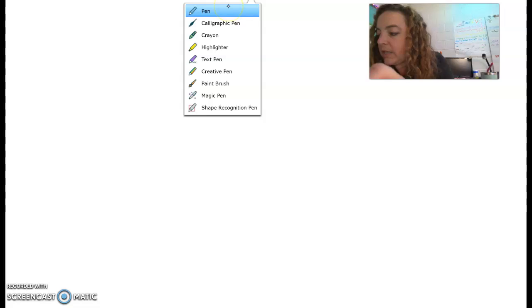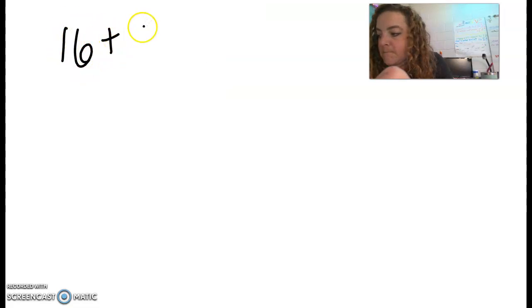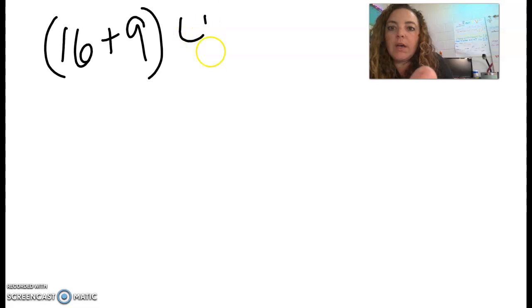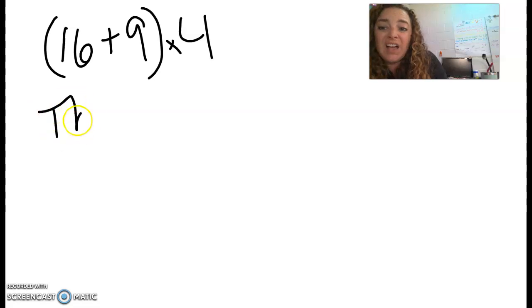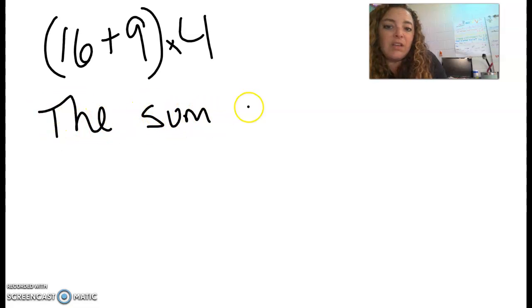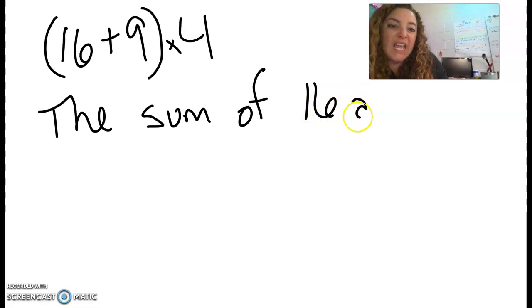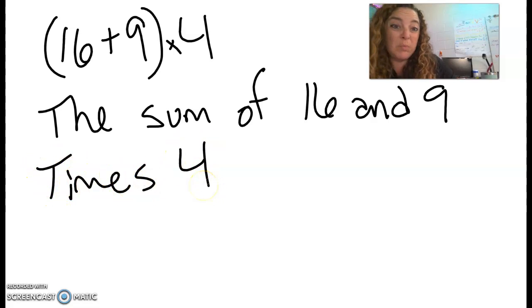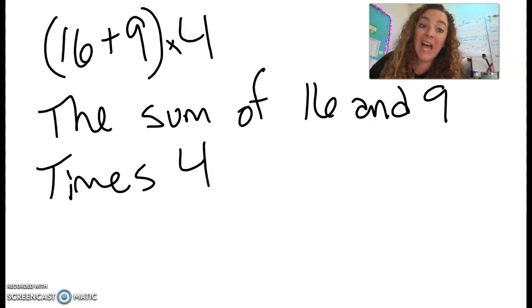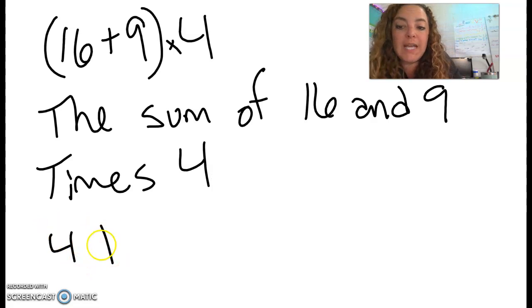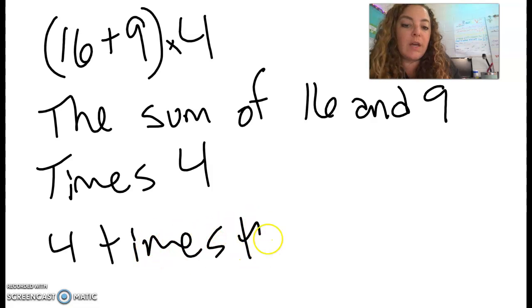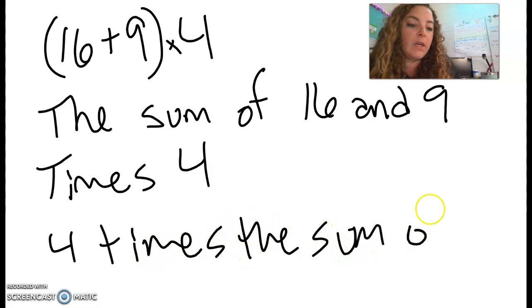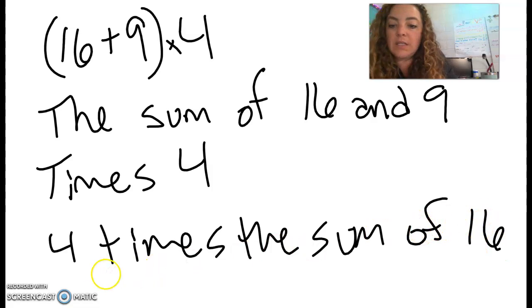So if you had this number expression, there's multiple ways we could think about this, and we could say the sum of 16 and 9 times 4, or multiplied by 4, or I could say this the other way around, 4 times the sum of 16 and 9.